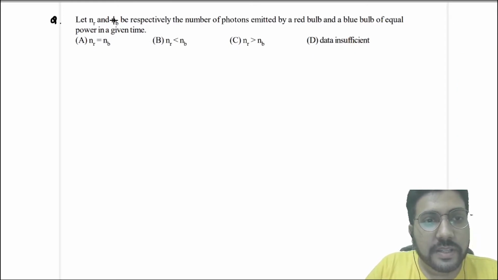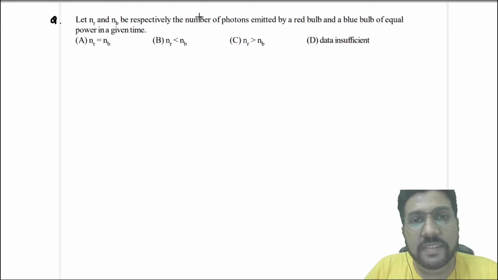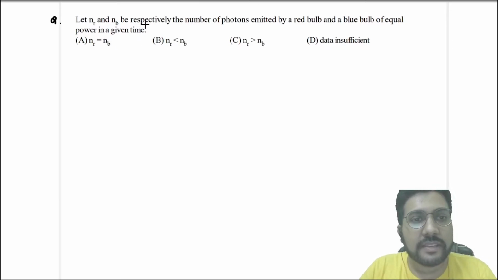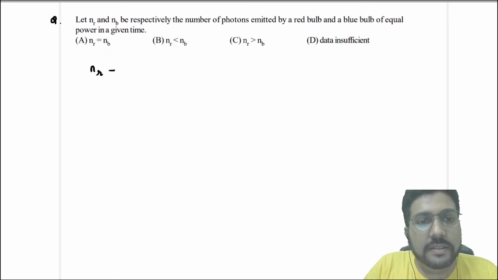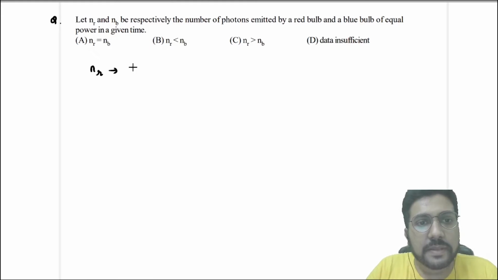In this question, it is given that let Nr and Nb be respectively the number of photons emitted by a red bulb and a blue bulb of equal power in a given time. So Nr is the number of photons emitted by the red bulb.